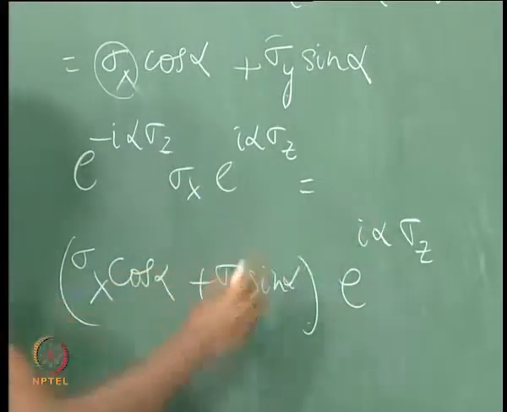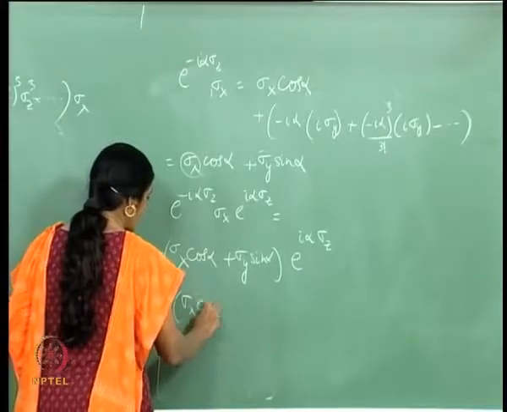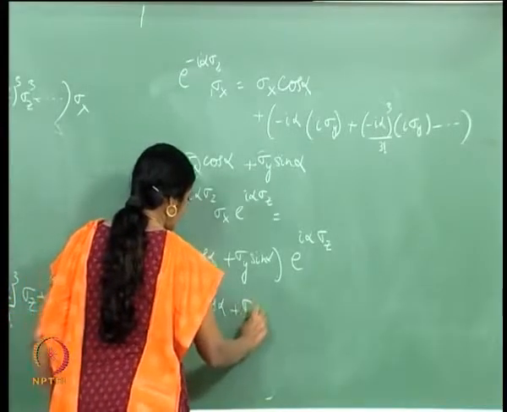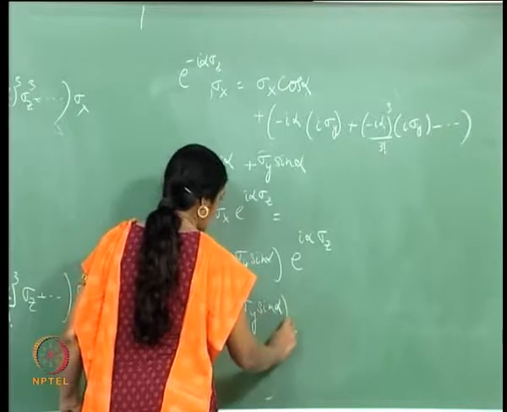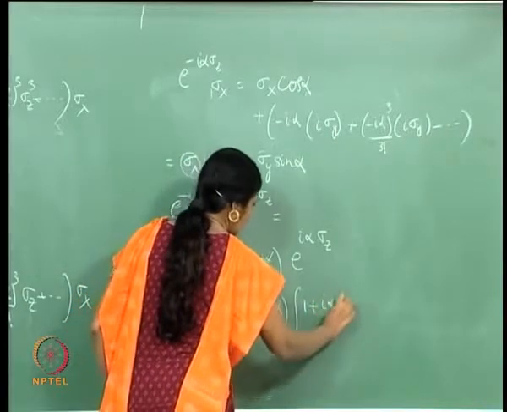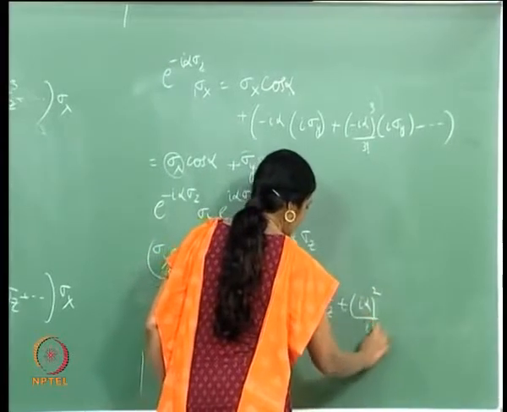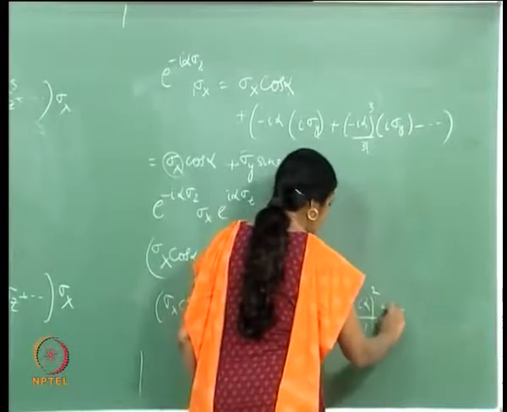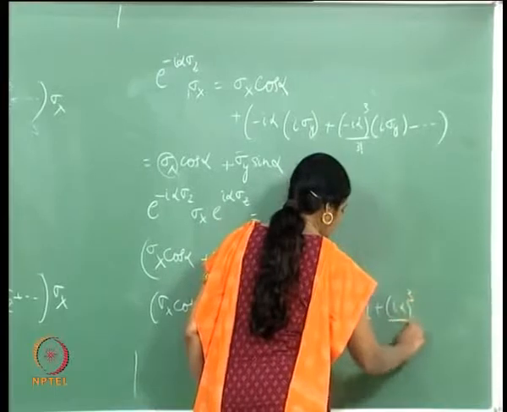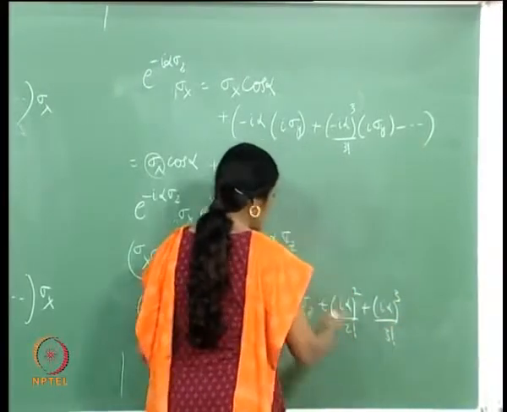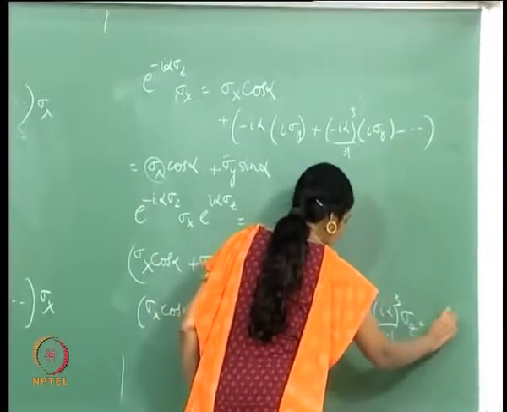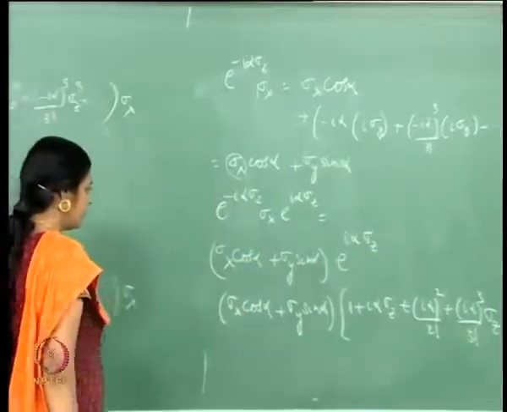Once more, I can make an infinite series expansion of this. And I have this. Sigma z squared is identity. Sigma z cubed is merely sigma z, and so on.